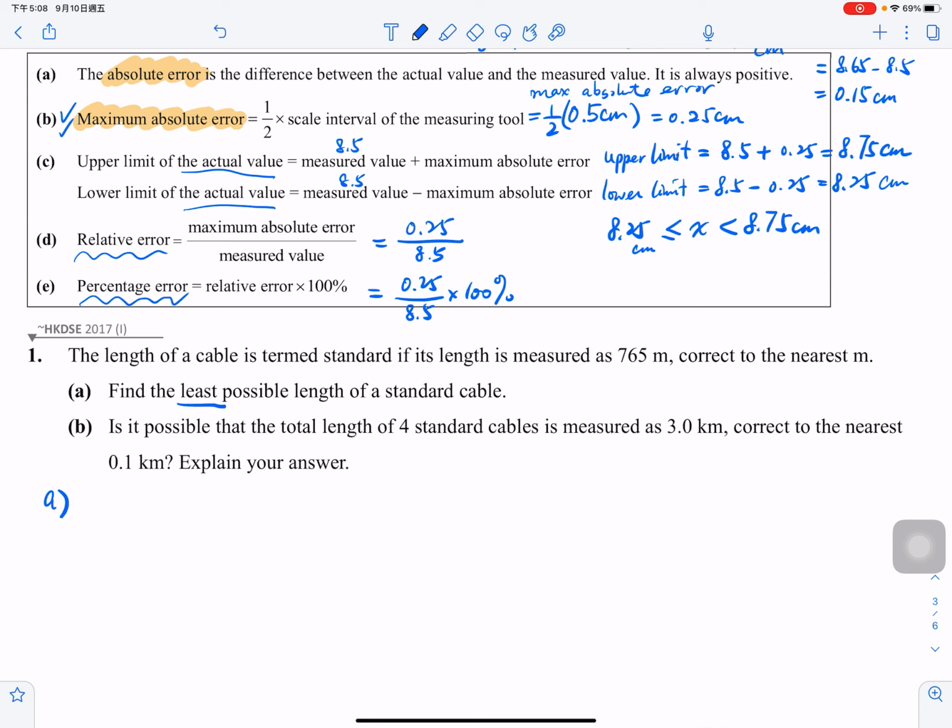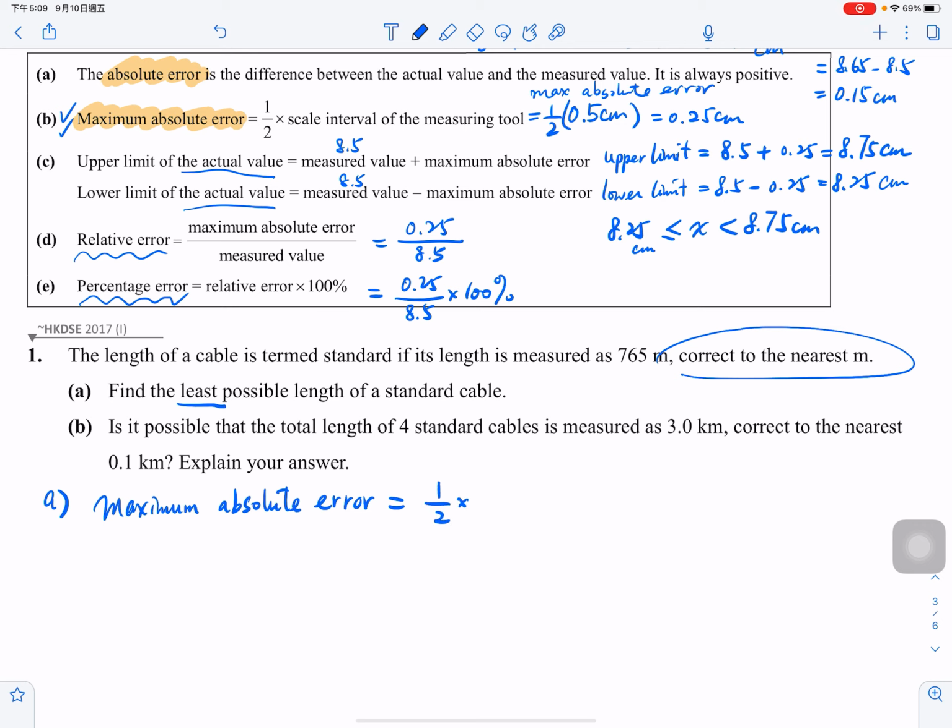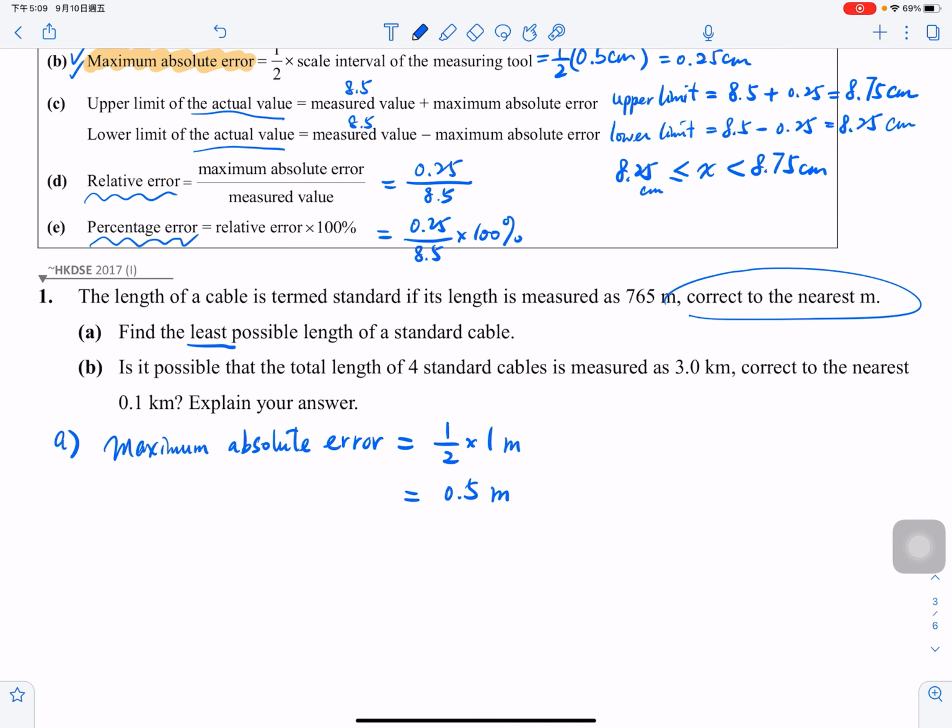Before we find this length, actually we must find out the maximum absolute error. If we know the maximum absolute error, then we can solve this question. See, correct to the nearest meter, so half of 1 meter. So it's 0.5 meters is the maximum absolute error.